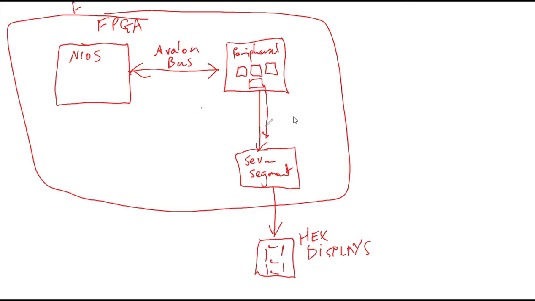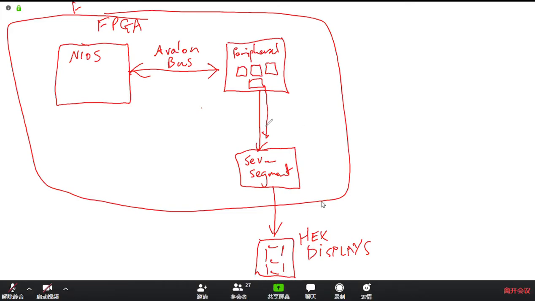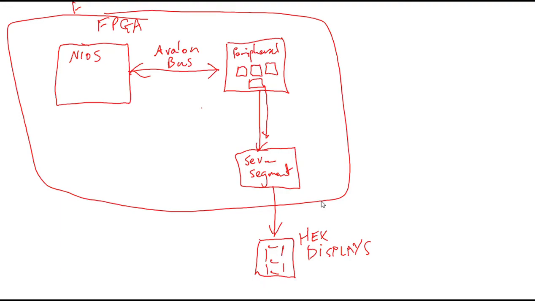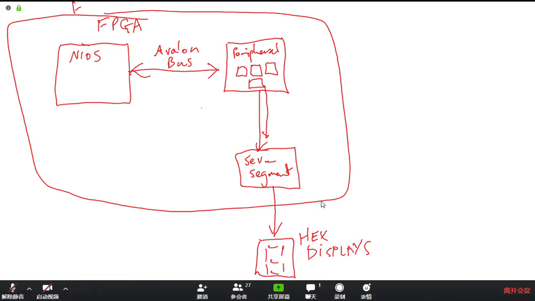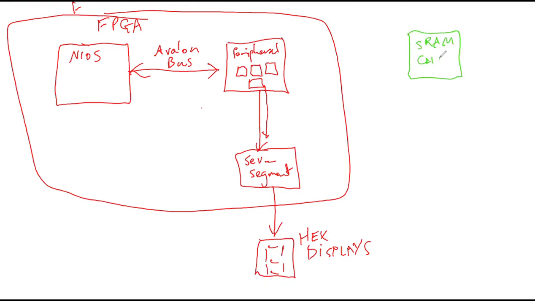Now, for the second part, instead of the peripheral, you've got an SRAM chip outside. So for part 2, you've got this SRAM chip, which is also off the FPGA chip. It is going to have 512 kilobytes of storage space or locations that you can write to. So for part 2, we remove this part.